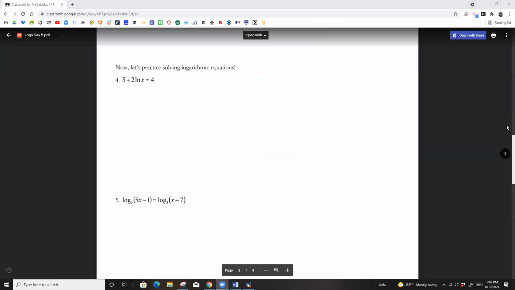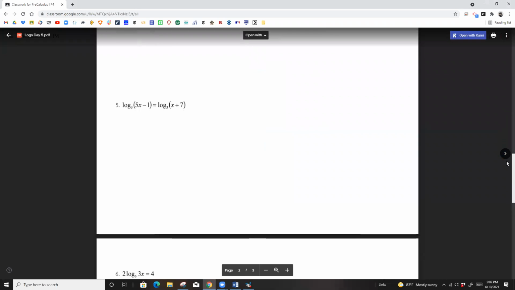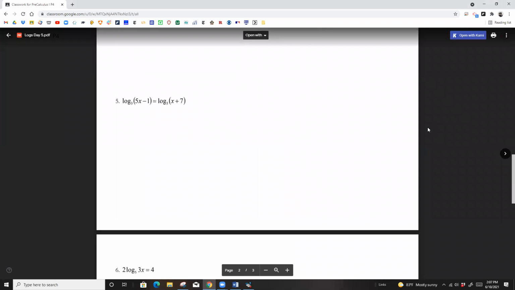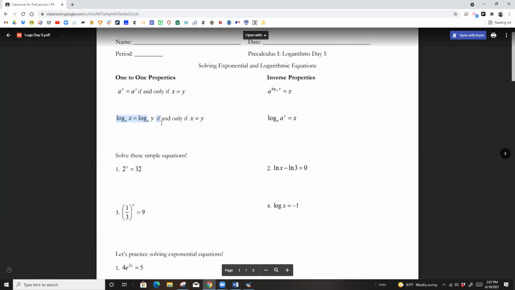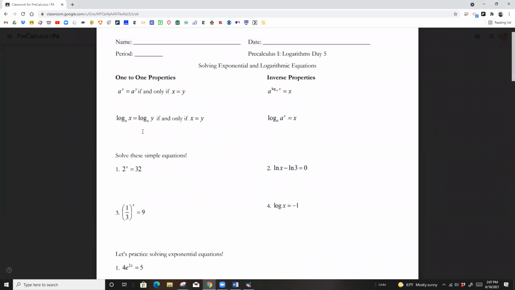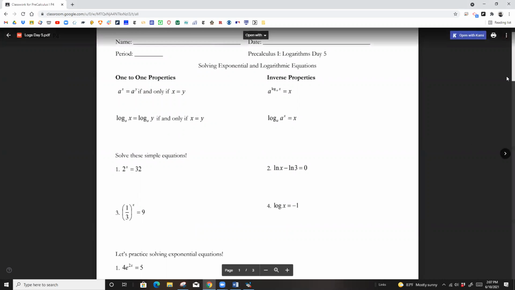All right, number 5. So number 5, we now have 2 log expressions. So if it's like this, where it's one log expression equal to another log expression, this is actually much more simple because we can use this one-to-one property above, where the log of x base a equals the log of y base a. If that's the case, then x equals y.